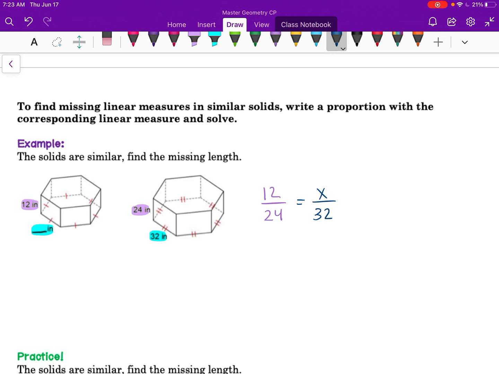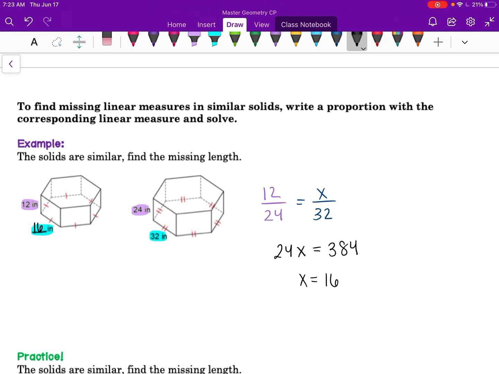So first we get 24 times x is 24x, and 12 times 32 is 384. If we divide by 24 on both sides, we get a side length of 16 inches. So this missing side length here is going to be 16 inches.